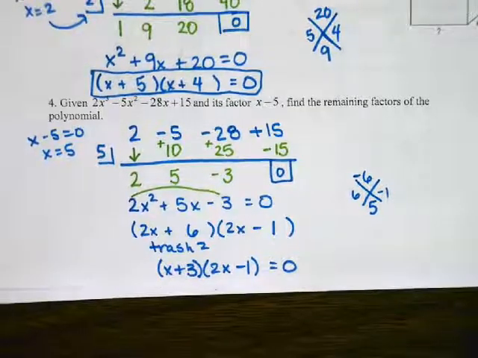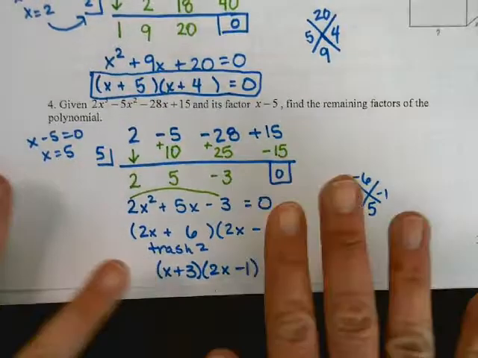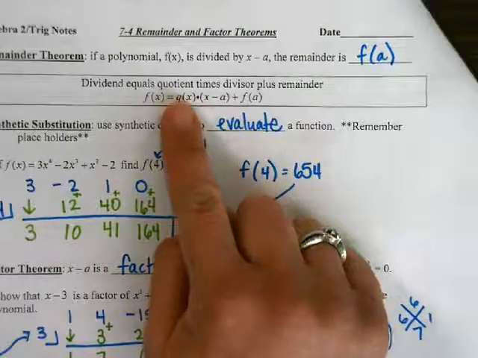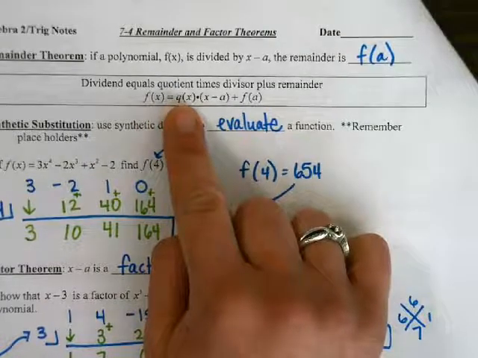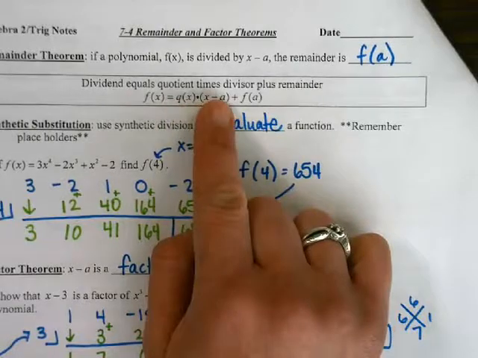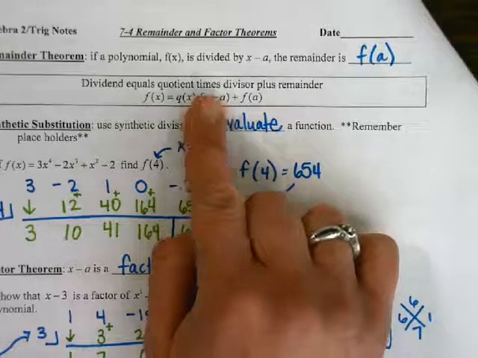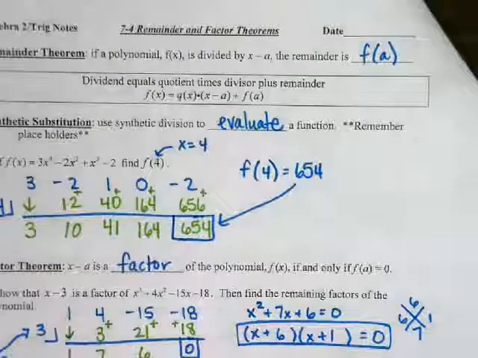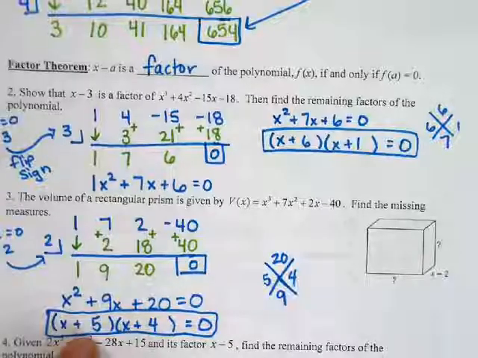Jillian. What is the box talking? So what that's just saying, let me go up here. If I have a function and I'm dividing it by something, x minus a or something like that, my quotient is what's left over. So, for example, like this guy.